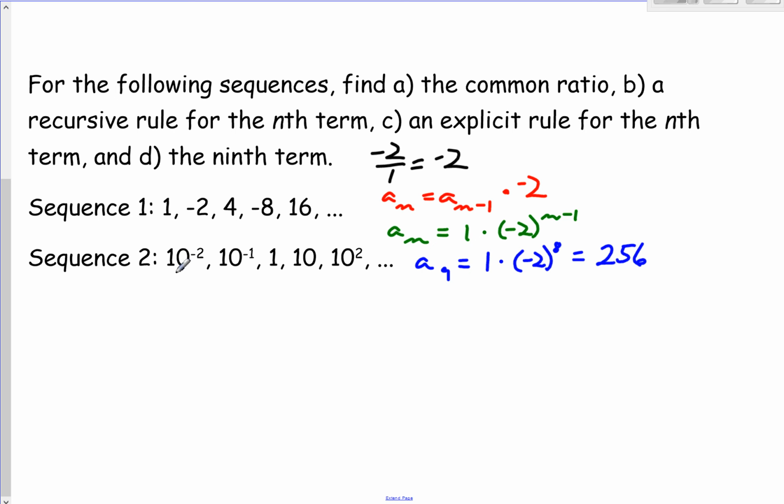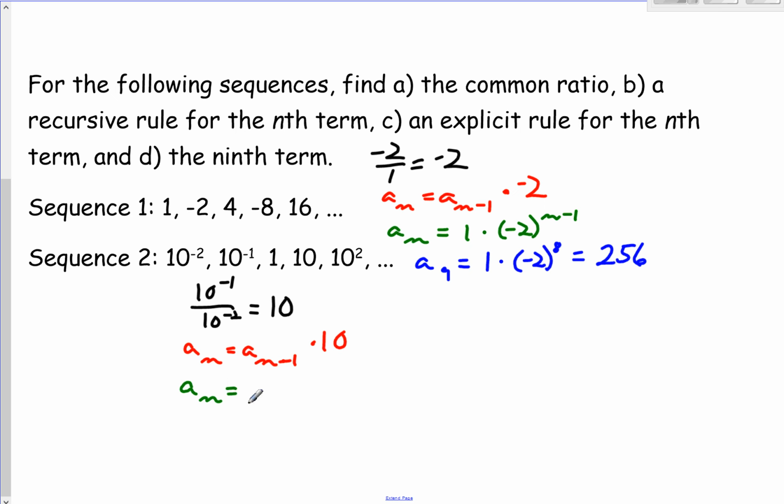Working with a different example here, if I want to find my common ratio, well, 10 to the negative first over 10 to the negative second is 10, and checking that, that does work each time. So then recursively, each term is the previous term times 10.